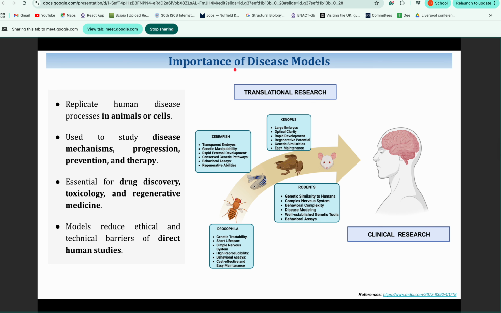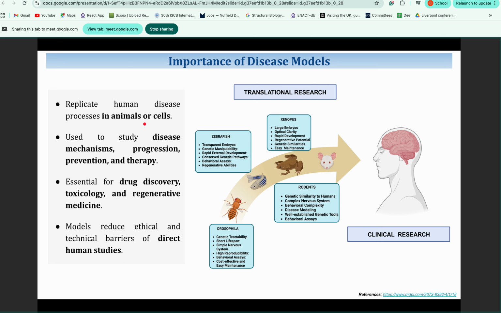So first of all, the foremost thing is to understand the importance of these disease models. The main advantage is that these are used to replicate human disease processes in animals or cells. For example, if I want to know about a disease, instead of studying it in a human, we can study it in animals and other small cells, so that we can know what better therapeutic interventions could be made and what the disease progression stages are.